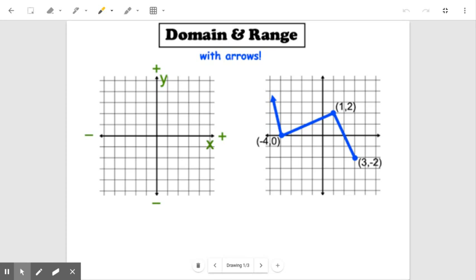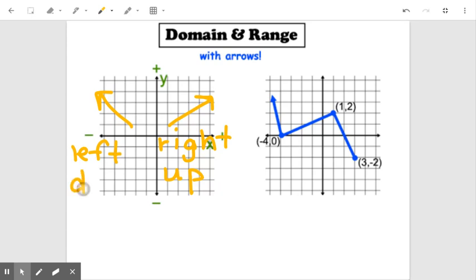So if I have, let's say, an arrow that goes this direction, I know that arrow is going two directions. It's going right and it's going up. If I draw an arrow that's going like this, that arrow is going left and it's going down. And we could do that in each of the different directions we're going.